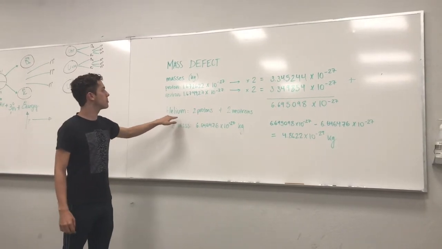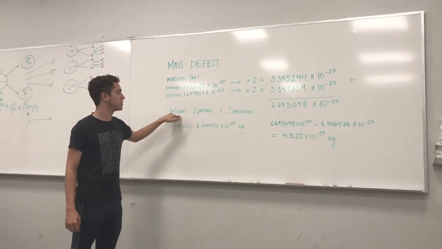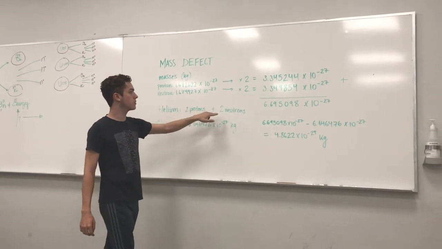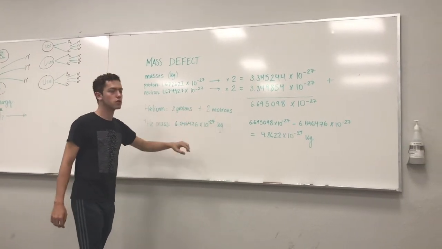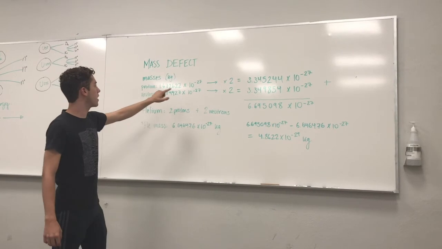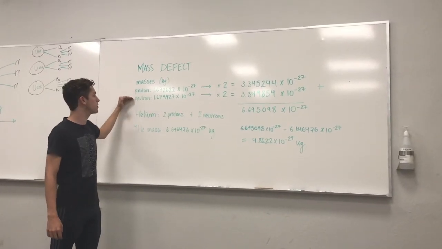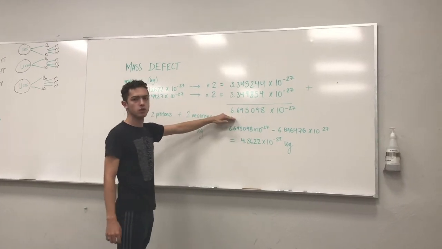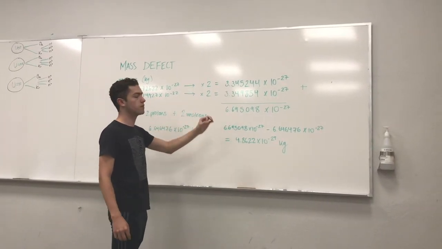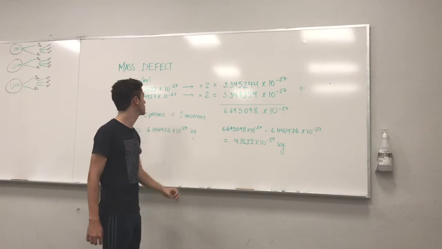Here we're going to calculate the mass defect of a helium nucleus, which we know has two protons and two neutrons. So to get the number, we're going to have to multiply the mass of the proton by 2, as well as the mass of the neutron, and then sum them up to obtain the total mass of its individual nucleons.